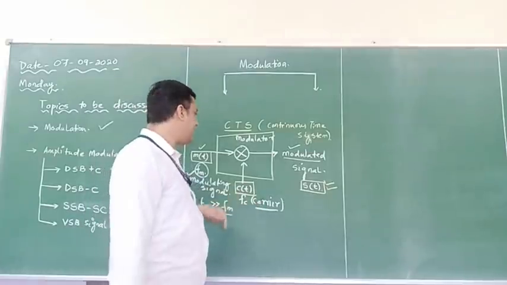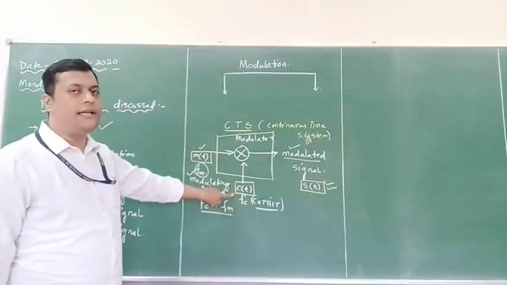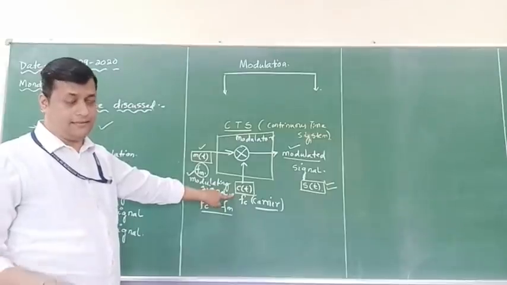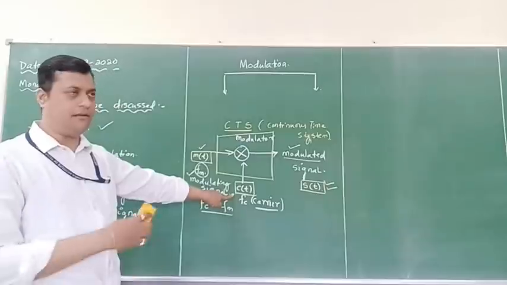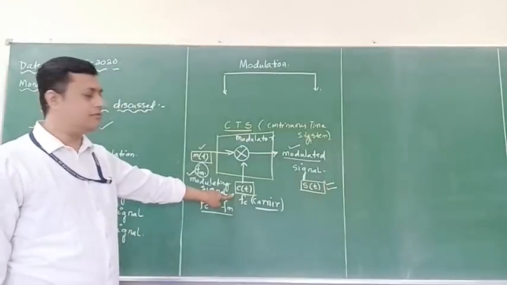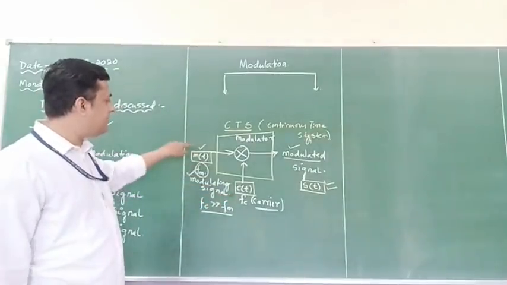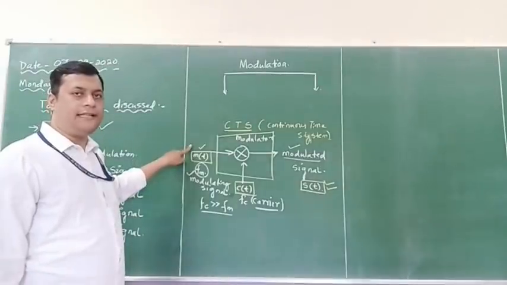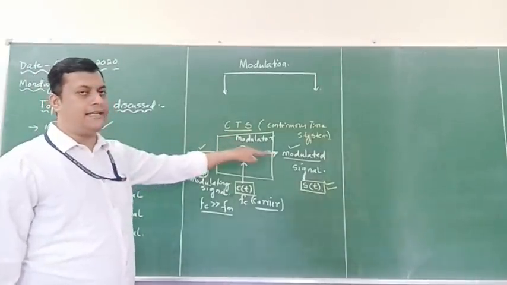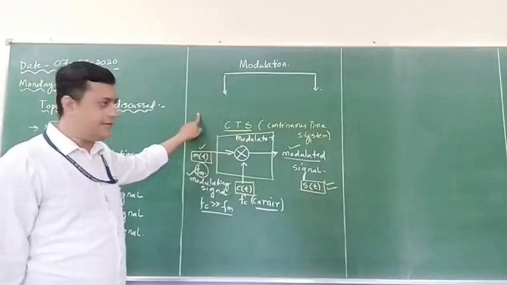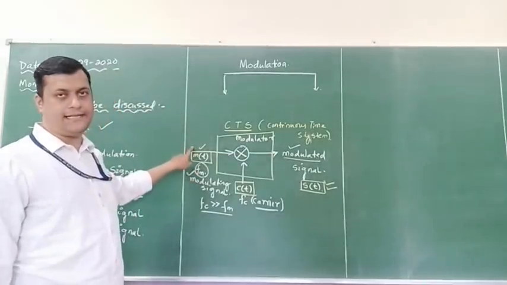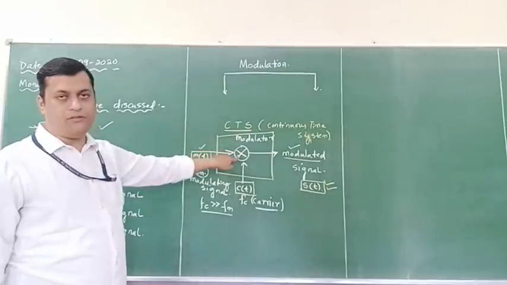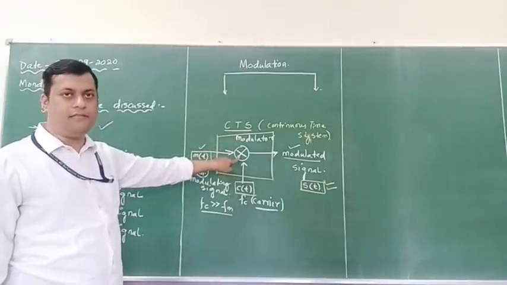Second, if the carrier angle is changed with respect to the modulating signal, as we have shown in some expressions, then it is called angle modulation. If the frequency changes with respect to the modulating signal, it is called frequency modulation.